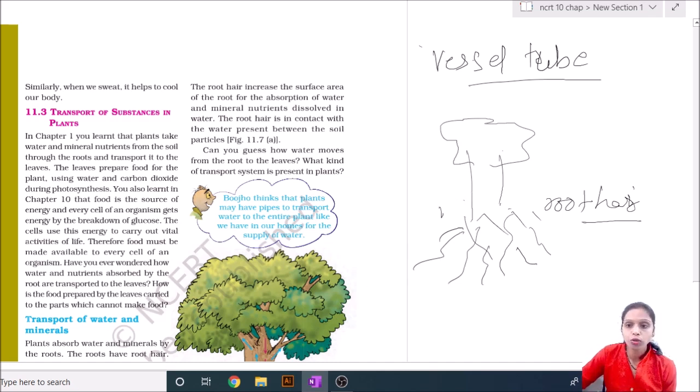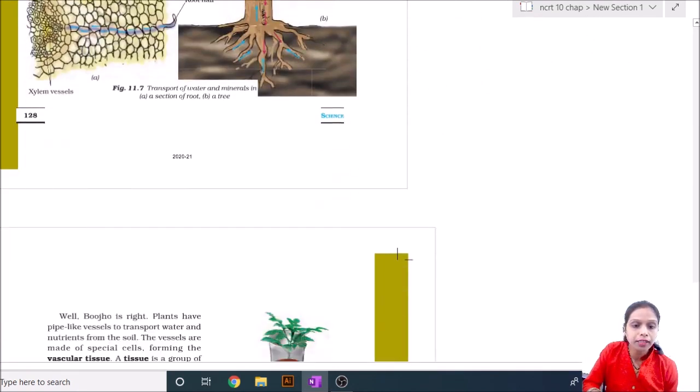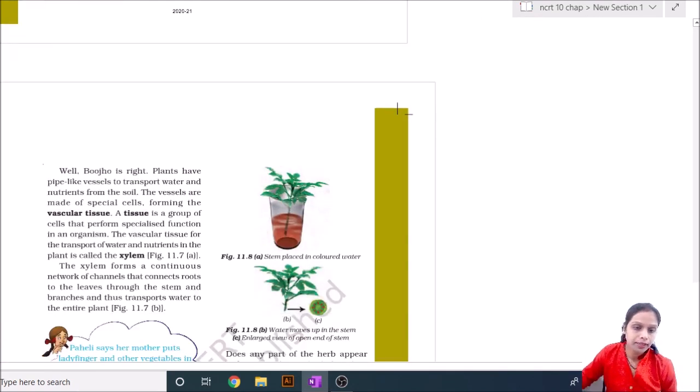Actually the minerals and water are absorbed through the vessel tube. Its name is xylem. Xylem absorbs the water and minerals and transports and circulates them throughout the parts of the plant. Whereas phloem carries the food.